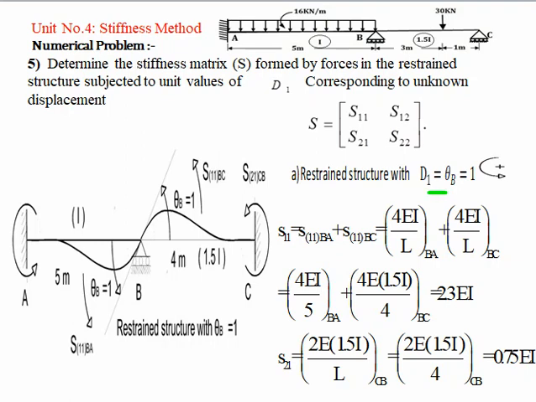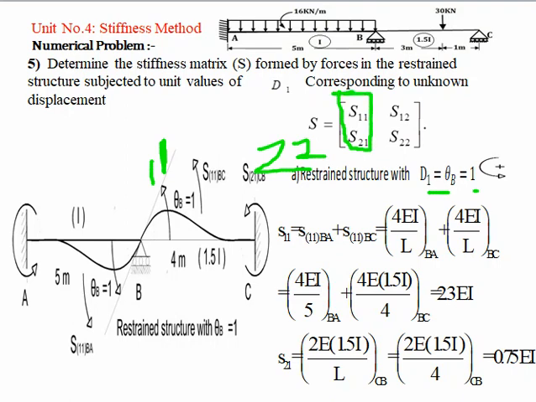Now we have to apply unit displacement along theta b, and due to that unit displacement, the forces develop at locations 1 and 2. 1 and 2 indicate the unknowns. So after applying unit displacement at 1 and then at 2, whatever moment is created, we write in the form of a column.